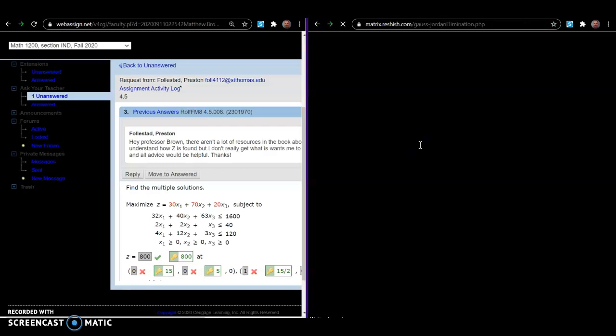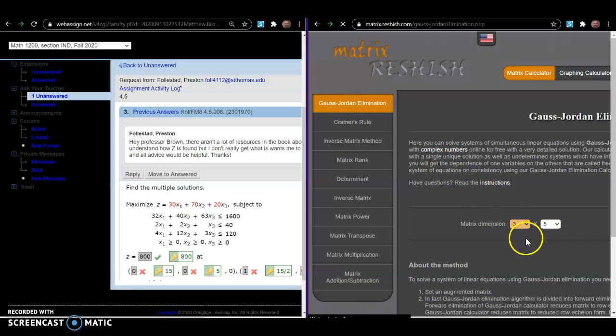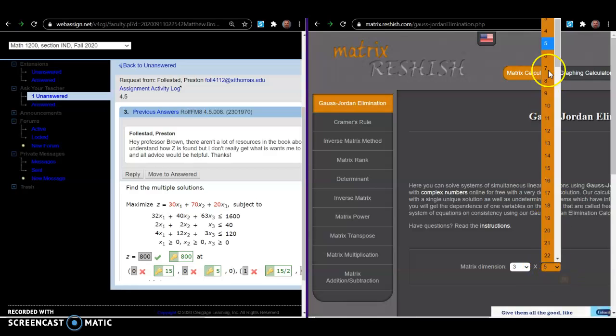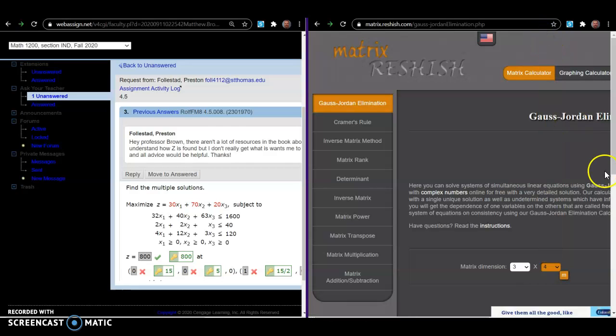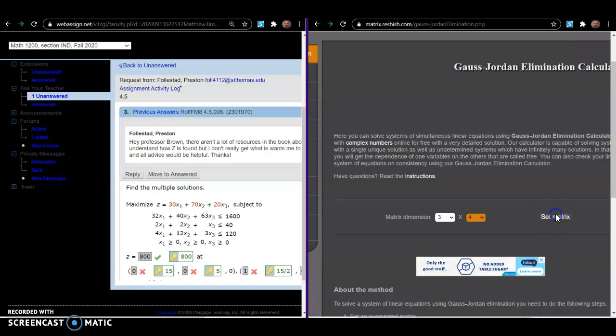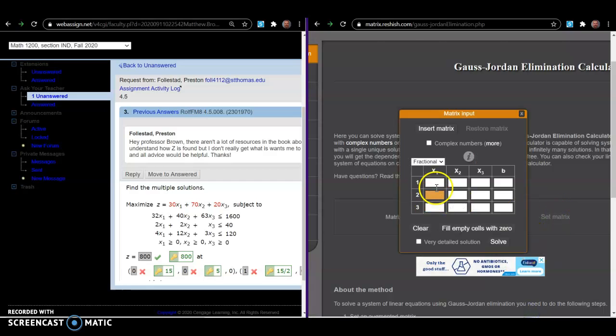This is essentially a matrix calculator. We'd want to make it a 3 by 4. Just going to plug in the coefficients.